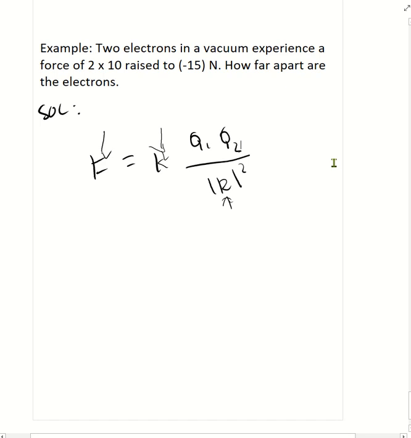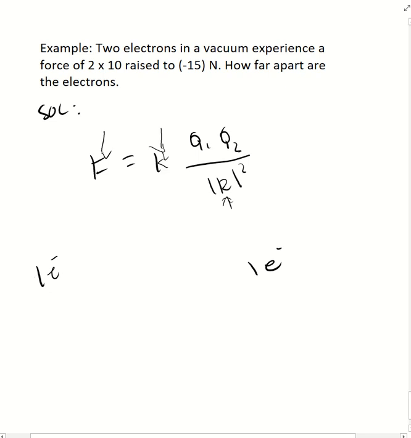Charge is just the accumulation of electrons. And actually, we have a conversion for that. So if there are 2 electrons, 1 electron here and 1 electron here, then what should be the distance between them if the force experienced by the 2 is 2 times 10 to the negative 15?